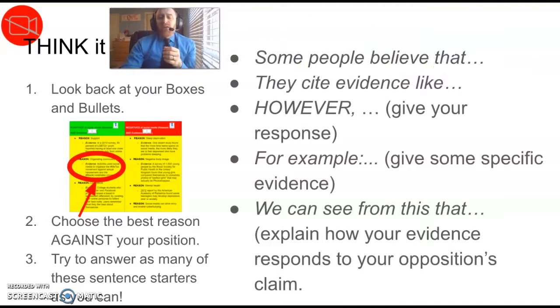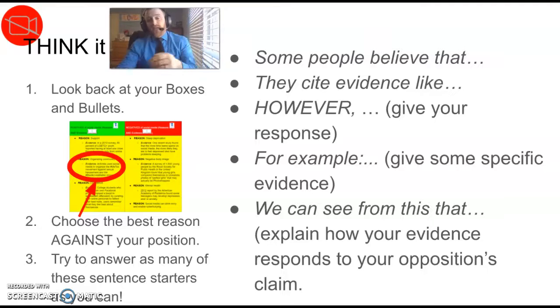Try it with, well, some people believe that, and then your best idea from the other side. Then use the next sentence starter, they cite evidence like, and you might actually have evidence on your chart. Does the evidence support it? Then you can use that wonderful word, however, and then your reason of either why they're wrong, or why they're right but that still doesn't make you wrong.